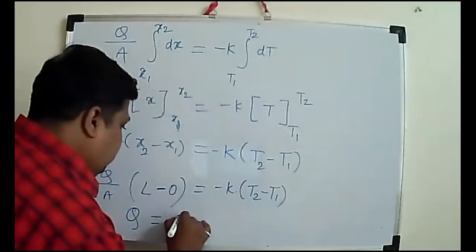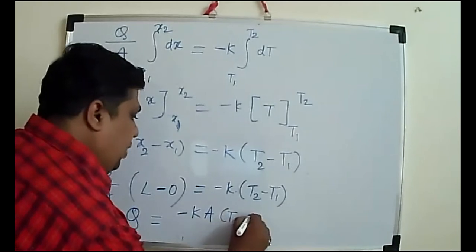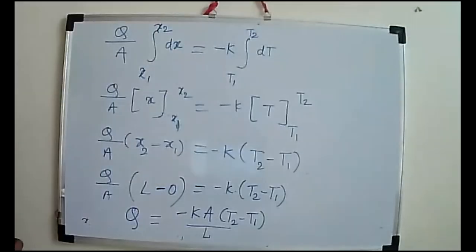The equation becomes minus kA, T2 minus T1, divided by L. Right up to this.